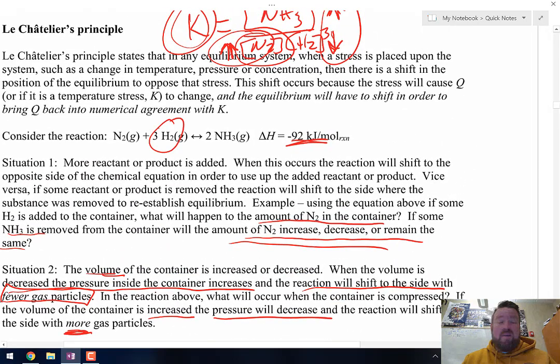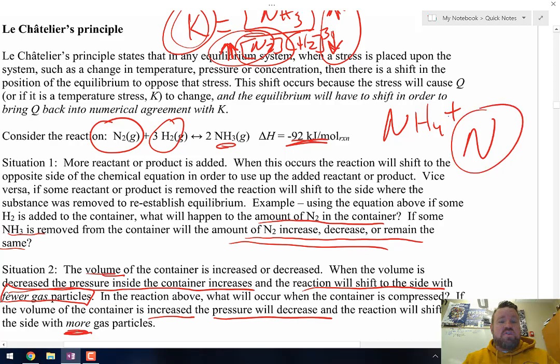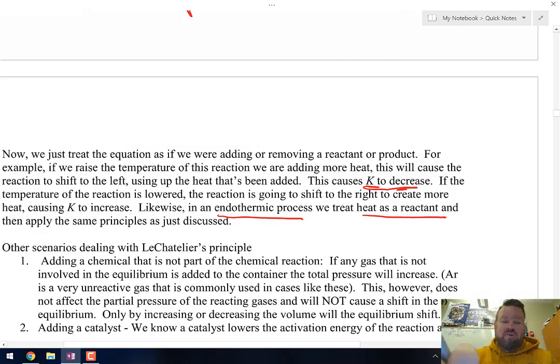Well, H2O is not part of this reaction. H2 is. They could add some NH4 plus, which again, is close, but that's not NH3. It has to be the exact same thing. If you add some N2 gas, that is going to cause a shift to occur. If you add nitrogen atoms, just N, that's not going to cause a shift to occur.